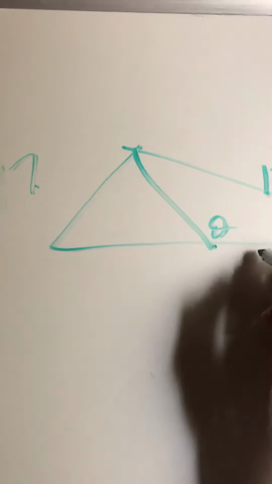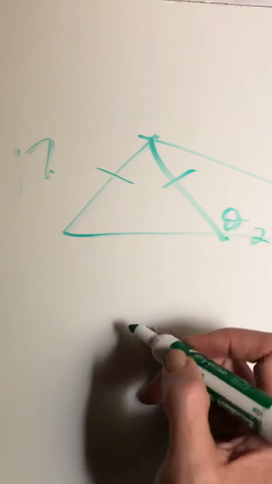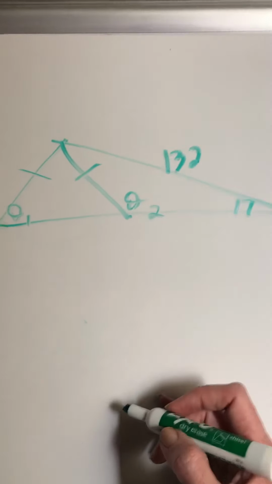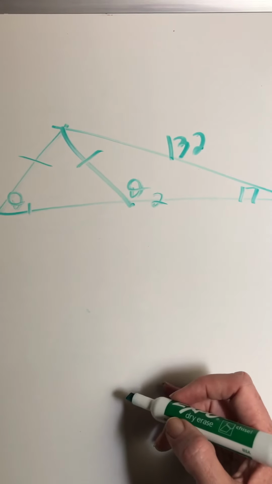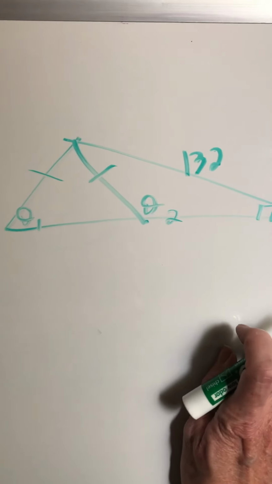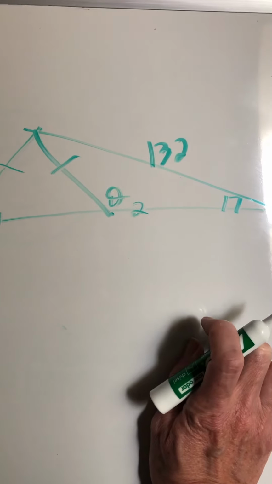Then looking at 17. Let me draw 17 and talk about something on 17. This is 132. This is theta 2. This is 17. These are congruent. And this is theta 1. We want to find theta 1 and theta 2 on this.